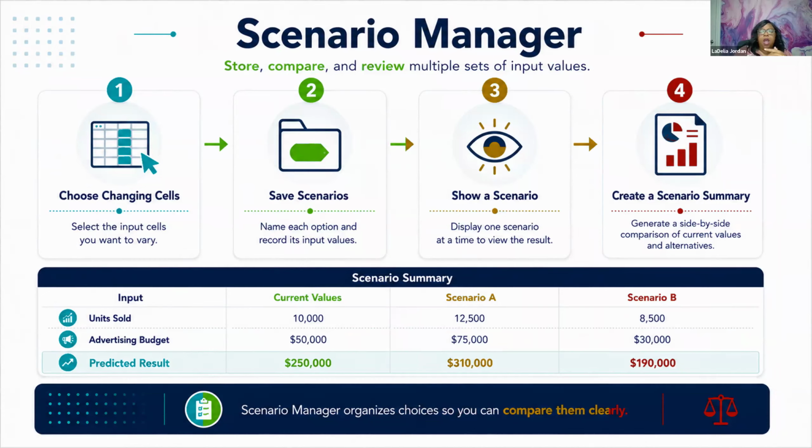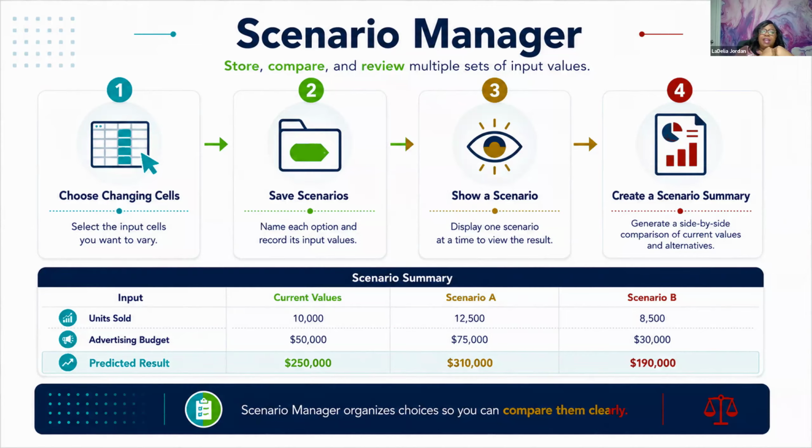For example, we may create a scenario called increase registrations and another called increase marketing. Each scenario contains the input values connected to that option. Excel temporarily places those values into the changing cells and recalculates the prediction formula.